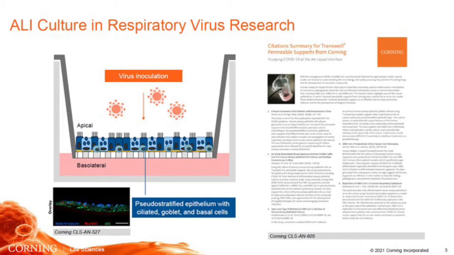And this creates the pseudostratified epithelium that contains the differentiated airway cell types. So this model can be efficiently infected with the coronavirus. Therefore, it is a useful tool to understand perhaps the biology of the virus, how it infects, how it replicates, and also its cytopathic effects.